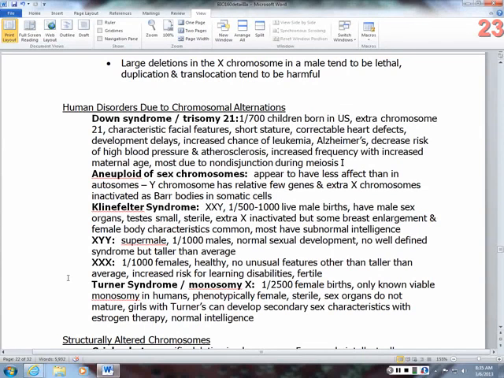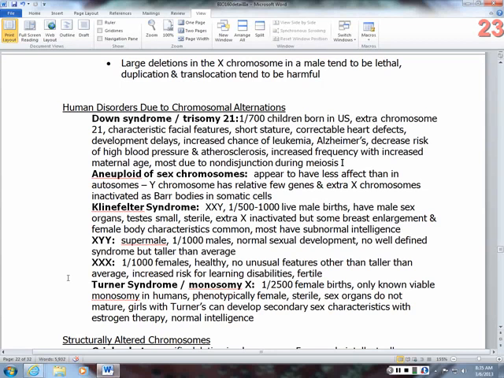The aneuploidy of the sex chromosomes, these appear to have less effect than in autosomes. Because the Y chromosome has relatively few genes on there, that can help to minimize the actual visible effects of it. And then extra X chromosomes that can be inactivated as bar bodies in the somatic cells help to cushion the effects in there.